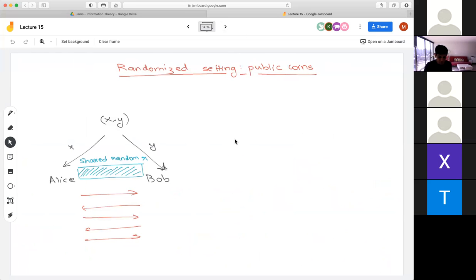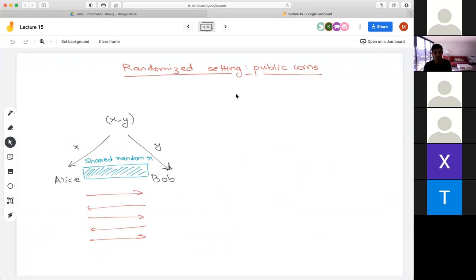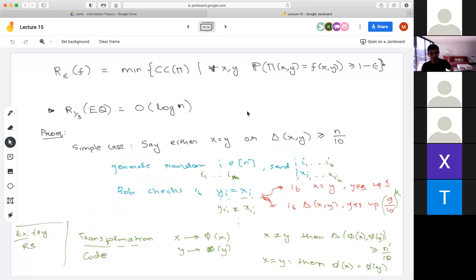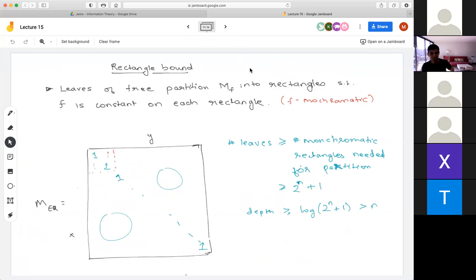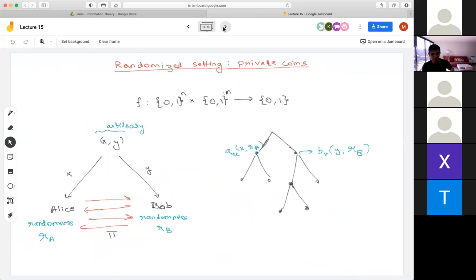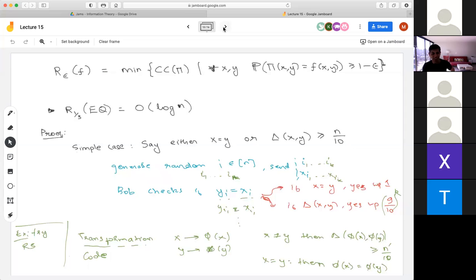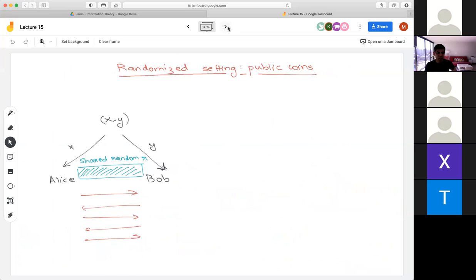Okay, so here we know that equality, for example, we saw that in the deterministic setting, we needed at least n bits of communication. And if we allowed this kind of random bits for x and y, for Alice and Bob, then log n bits of communication sufficed. And there are a couple other ways of thinking about randomness.